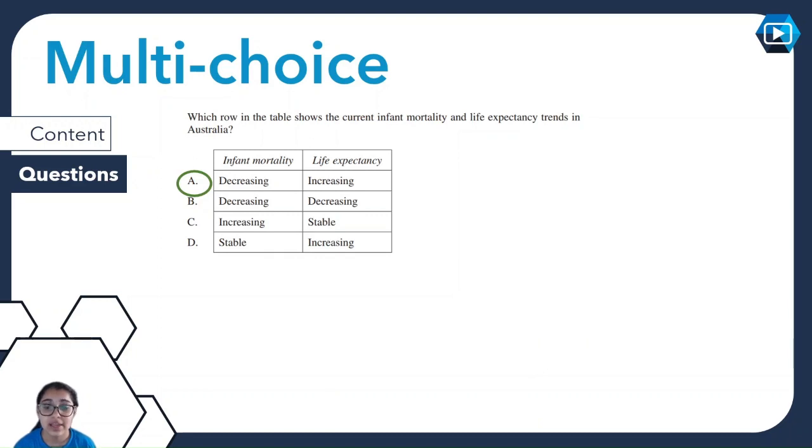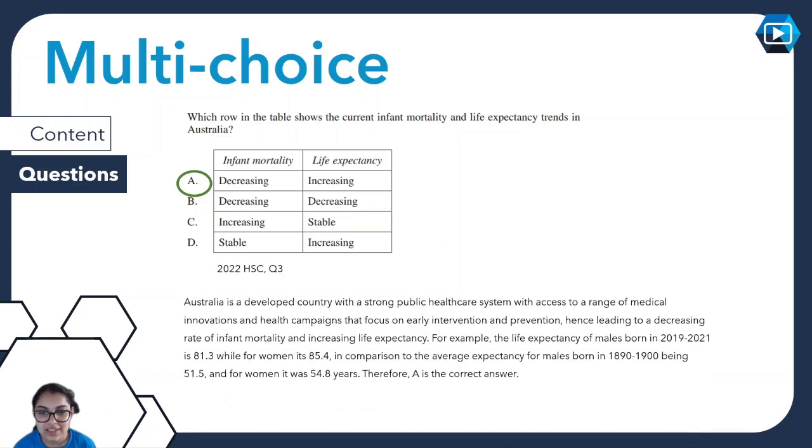Infant mortality is fortunately decreasing and life expectancy is increasing. Like I said, this is because Australia is a developed country with a strong public healthcare system that has access to a range of medical innovations. So that leads to a decreasing rate of infant mortality and increasing life expectancy.